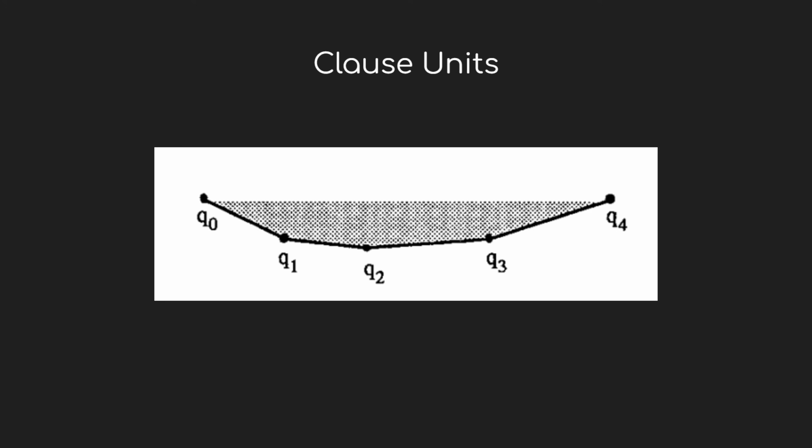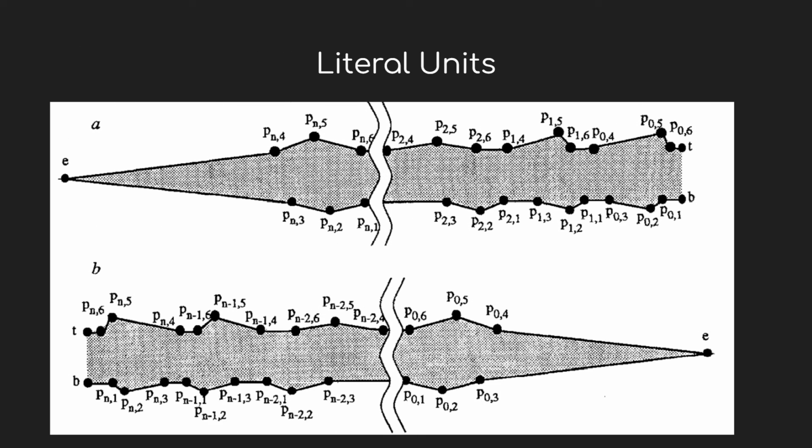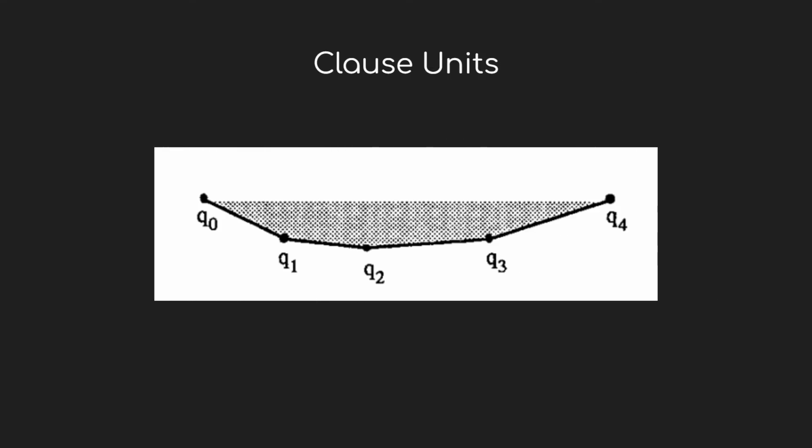But if in one of the literal units, all of the points are in the bottom, meaning that it has been set to true, then there's going to be no conflict with putting a point into that slot. So that clause will be satisfied since one of the 3 came back true.